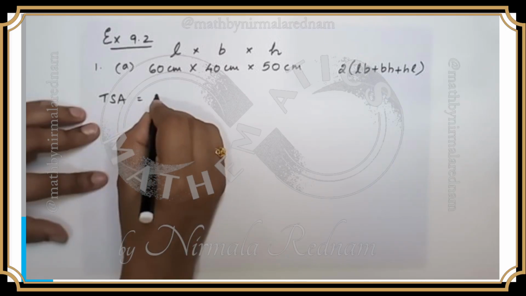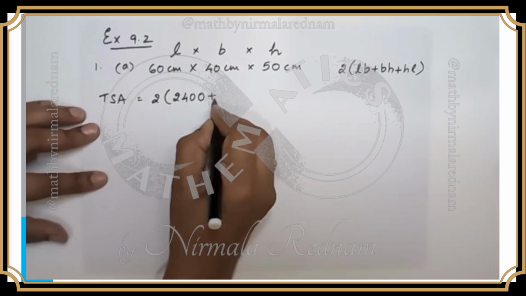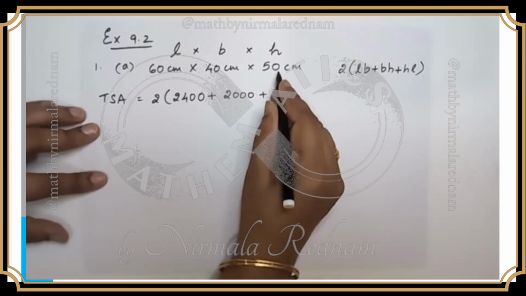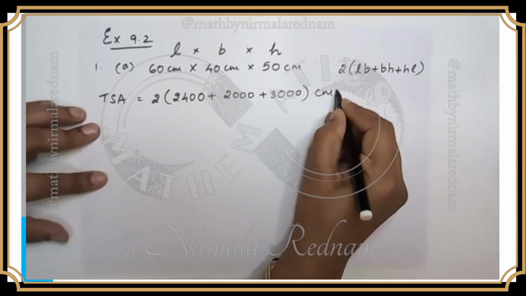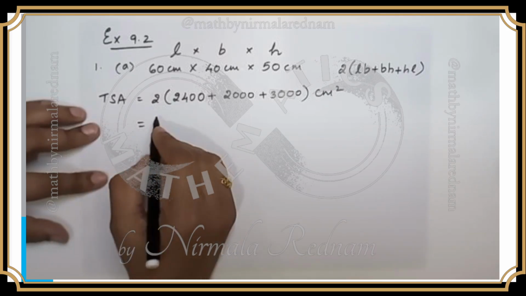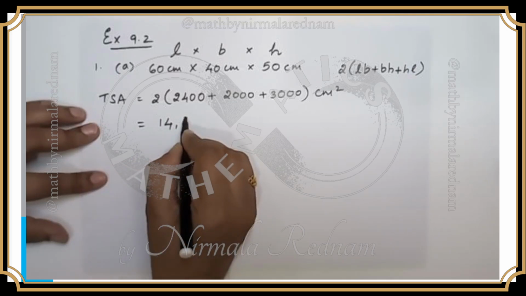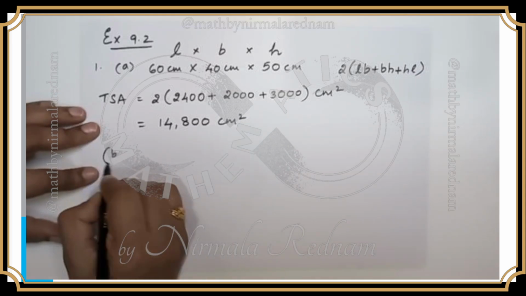So let's do that quickly. LB is 2400, BH is 2000 and HL is 3000, and the units are centimeter square. So if you add this, 7,400 into 2 is nothing but 14,800 square centimeters, right? So this is for the cuboid.